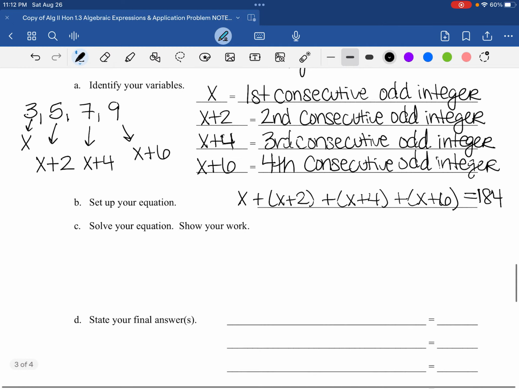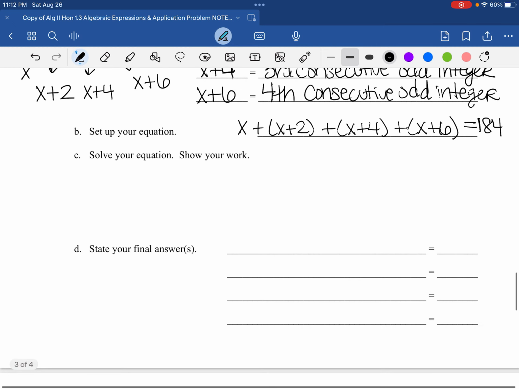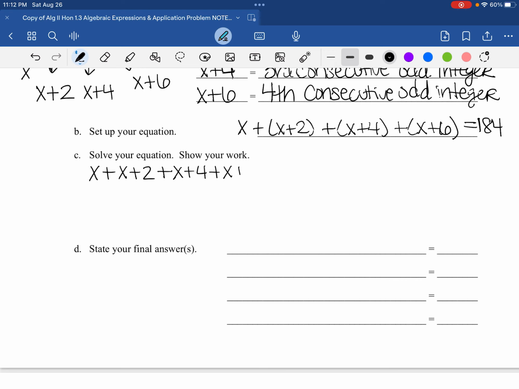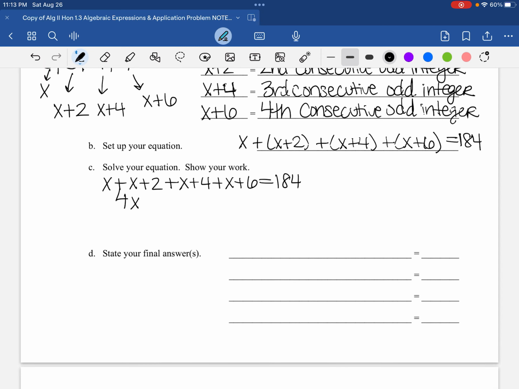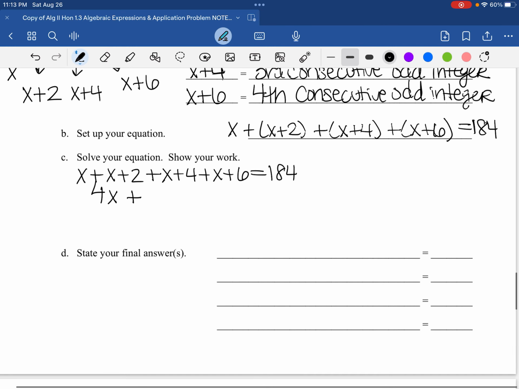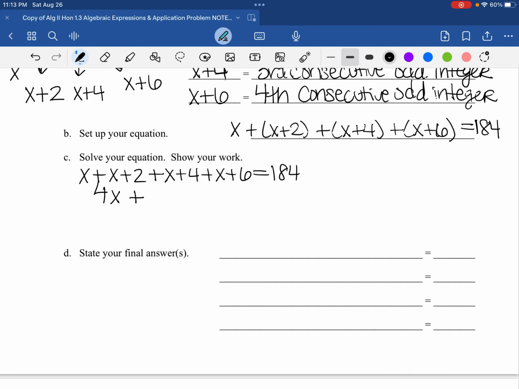So now down with part C, we are going to combine like terms. I don't really need the parentheses anymore. So I have 1, 2, 3, 4 x's. And I have 2, 4, and 6, which makes 12 for my constants.